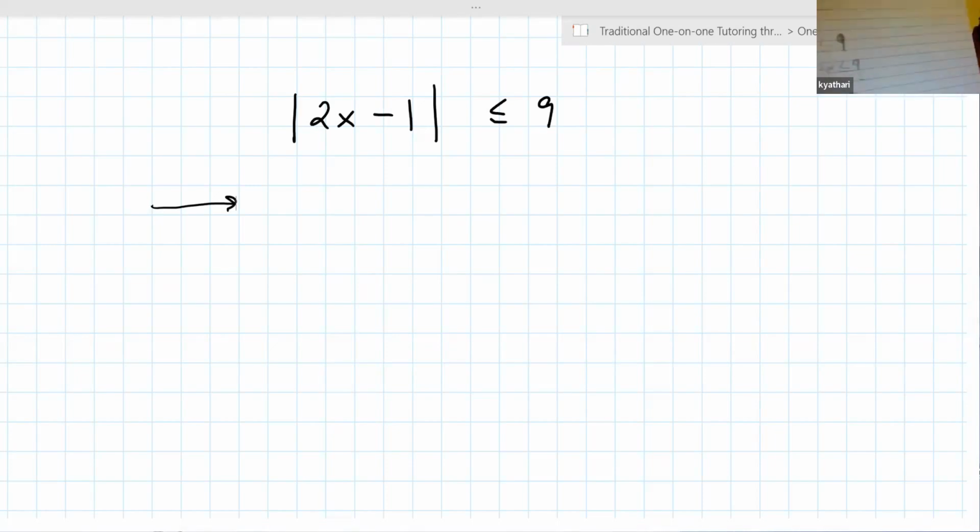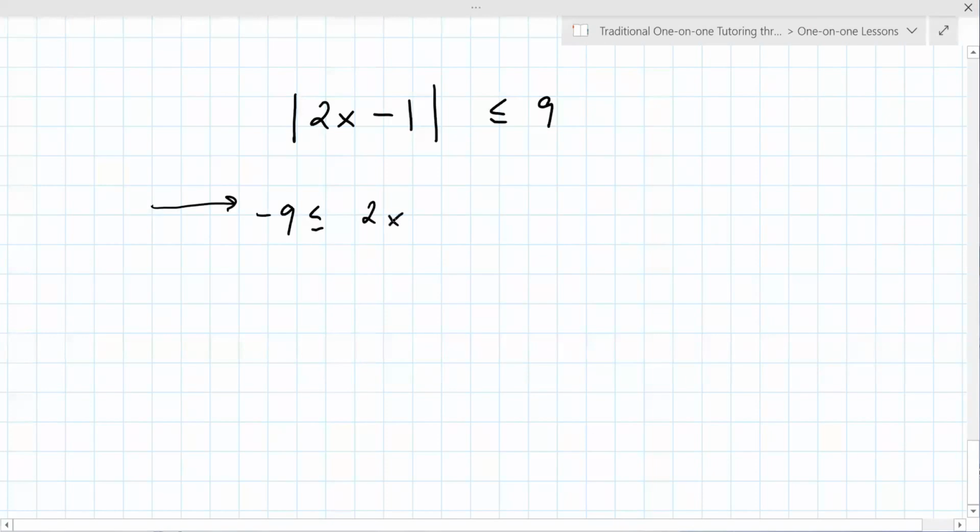So you wrote 1 minus 2x instead of 2x minus 1 in the middle. Do you see that? Yeah. Okay. So it's -9 less than or equal to 2x minus 1 less than or equal to 9.